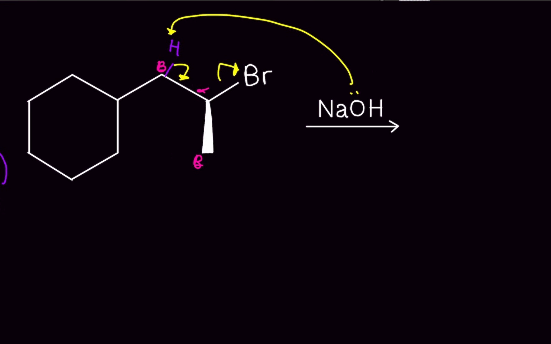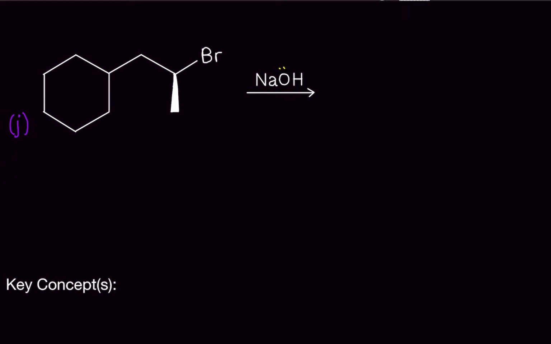Now let's do the less substituted version. There is a beta hydrogen here. Steal this. Bond breaks to make a double bond here. This gets kicked out.